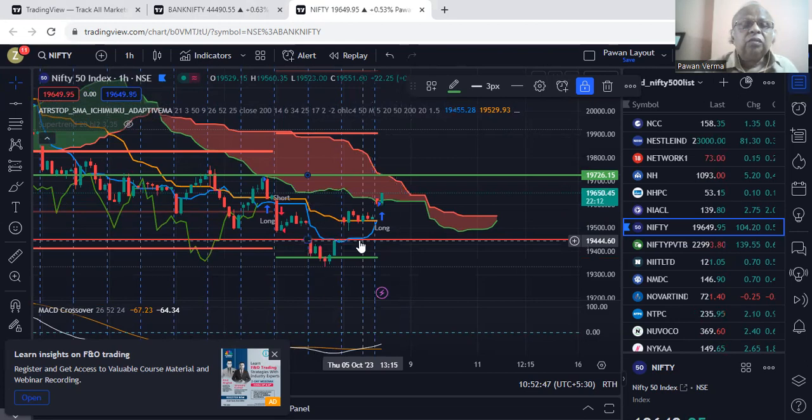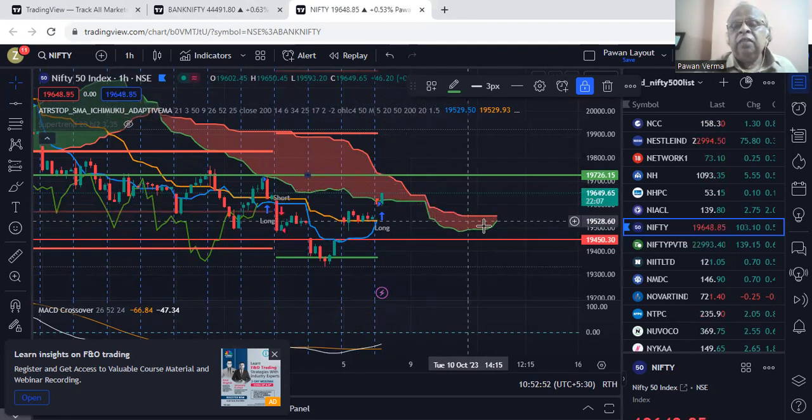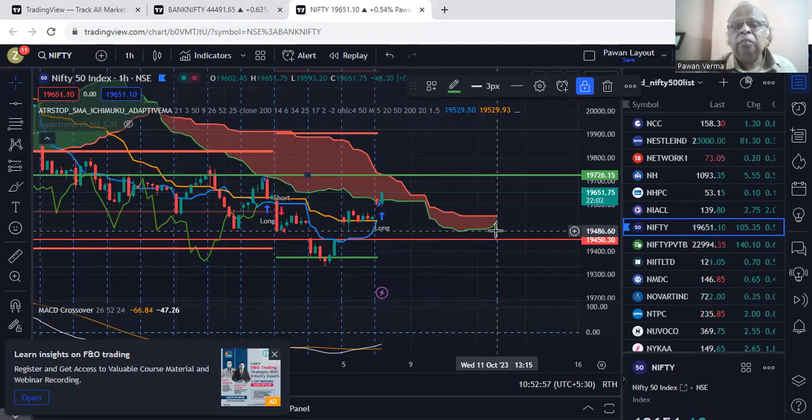At this stage, when the index reaches this level, obviously span A will be on the verge of crossing span B from below to upward, or it has crossed, or it may cross and generate the green cloud.